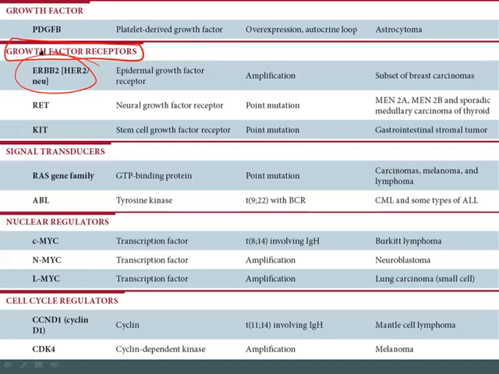You'll remember from pharmacology that there is a designer antibody called trastuzumab, the other name is Herceptin, which is designed against the HER2/neu receptor. And so patients who have amplification of HER2/neu in a subset of breast cancer can be treated with trastuzumab.